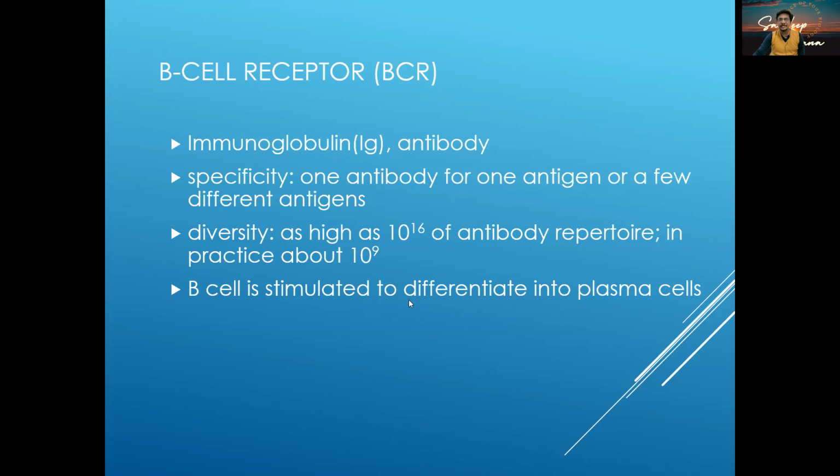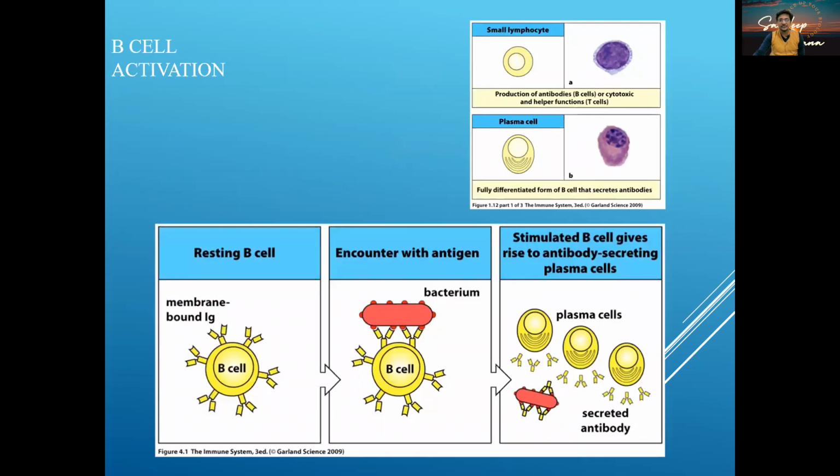As I told you in the beginning, the B cell can be stimulated to produce antibodies. If you see the structure of the B cell, which shows the antibodies on its surface, let's say it encounters a bacterium, for example, and these are the epitopes on the bacterial surface.